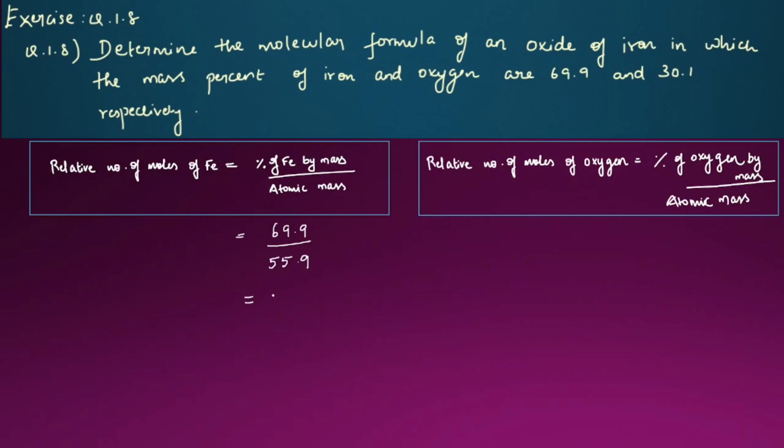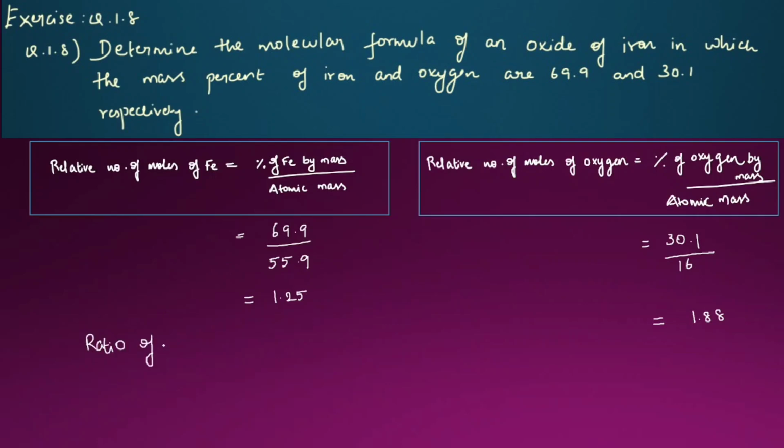So on dividing we will get 1.25, and let's calculate for oxygen. Percentage of oxygen is given as 30.1 by atomic mass of oxygen. This is dioxygen, so the mass will be 16. So it will be equal to 1.88. So we have got the relative number of moles.